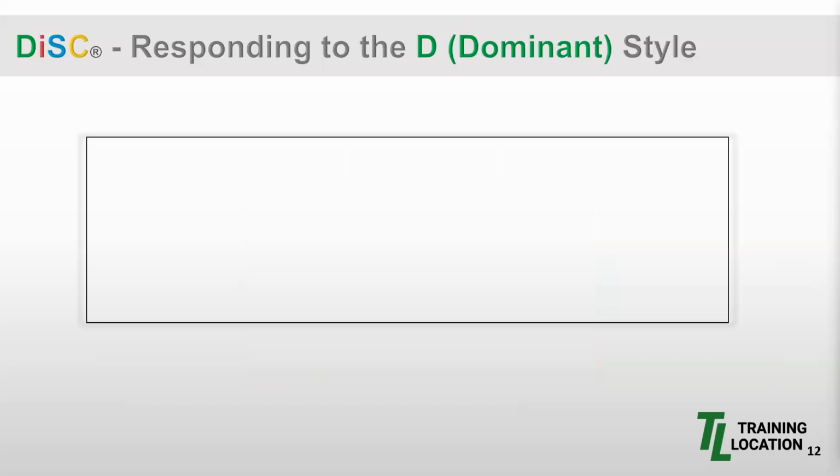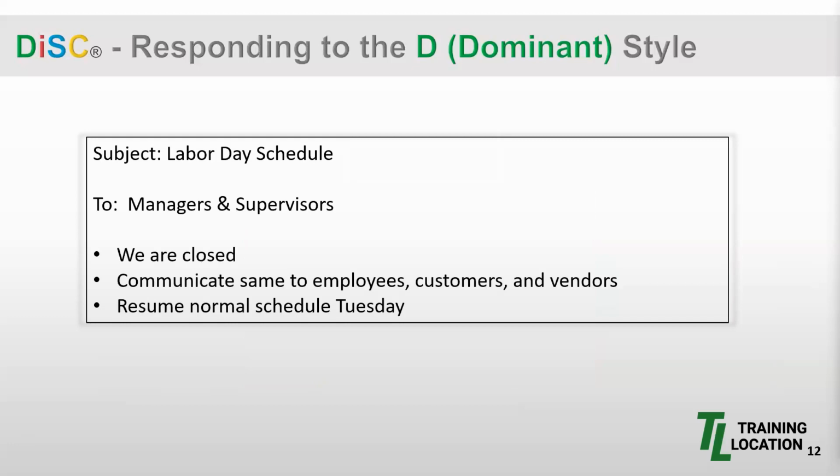Next, how do we respond to the D or dominant email? So take a look at this short email. And when you see an email written in extremely brief tone or language, right to the point, not overly detailed, we see a style that is purposeful, abbreviated, and more notifying or informative than friendly.